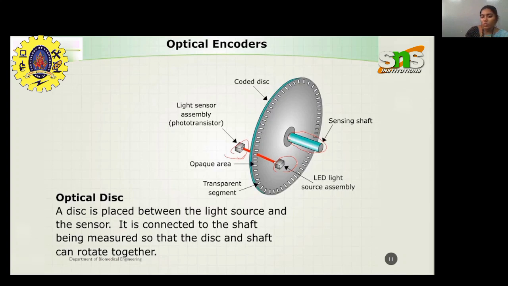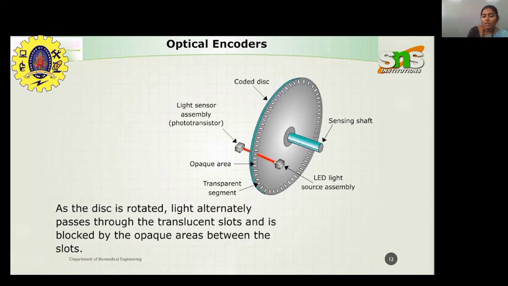So the optical disc is connected to the shaft which is being measured. It is very important that the disc and shaft rotate together, so that we can measure the information related to the shaft.